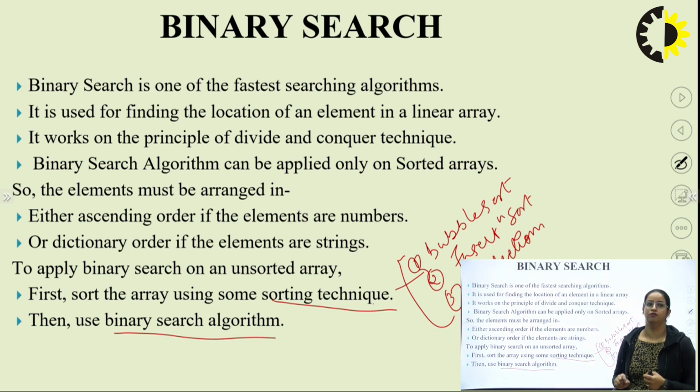But if the elements are not sorted, then we first have to sort the elements of that array, and only after that can we apply binary search. So this is all about binary search. This is the brief description of binary search.